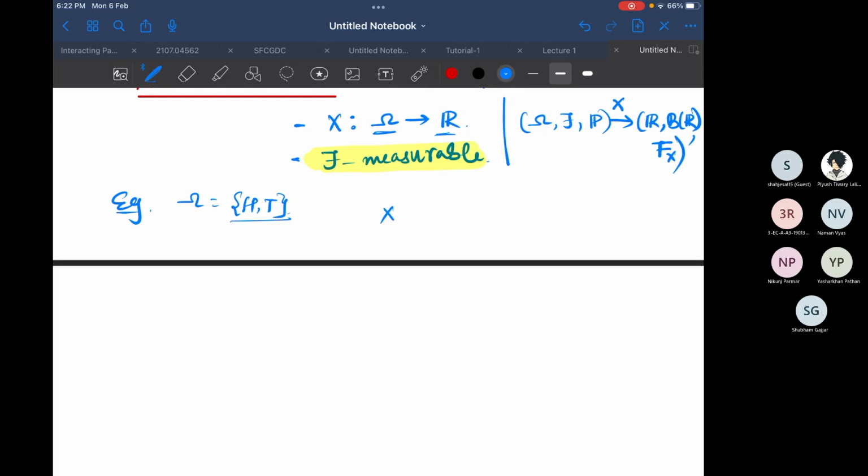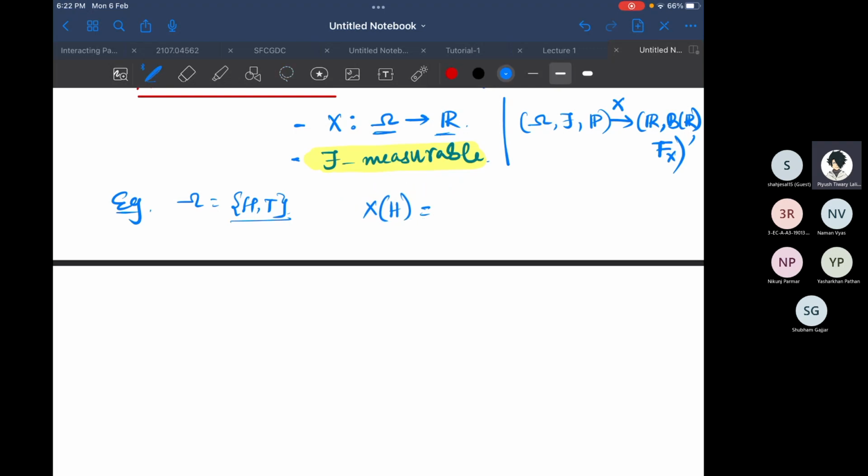So let me define what is X of, let's say, H. Now, H is an element of omega, right? So how does this random variable work? It is up to me how I want to define a random variable.